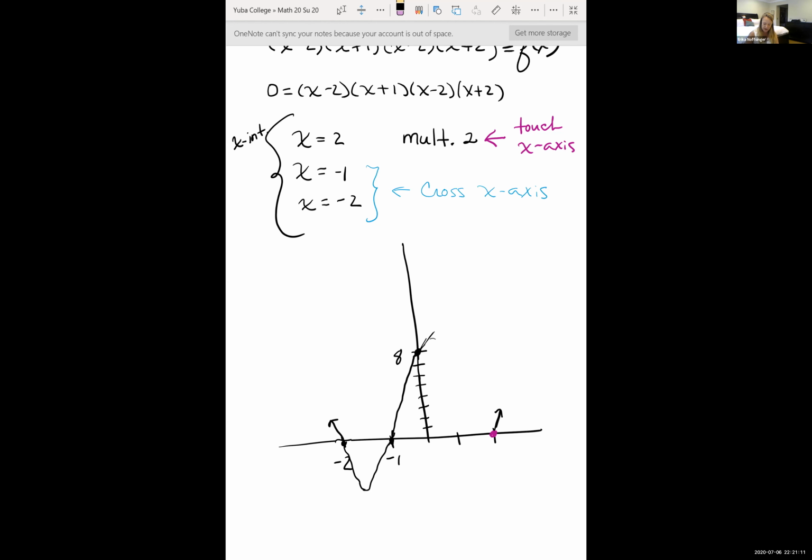So it could, we don't know, but it's going to have to come back down, hit this x-axis at positive 2 and turn back around. And then that's where, if you have some MyMathLab questions that are asking you to find that max or min, we again don't know that.